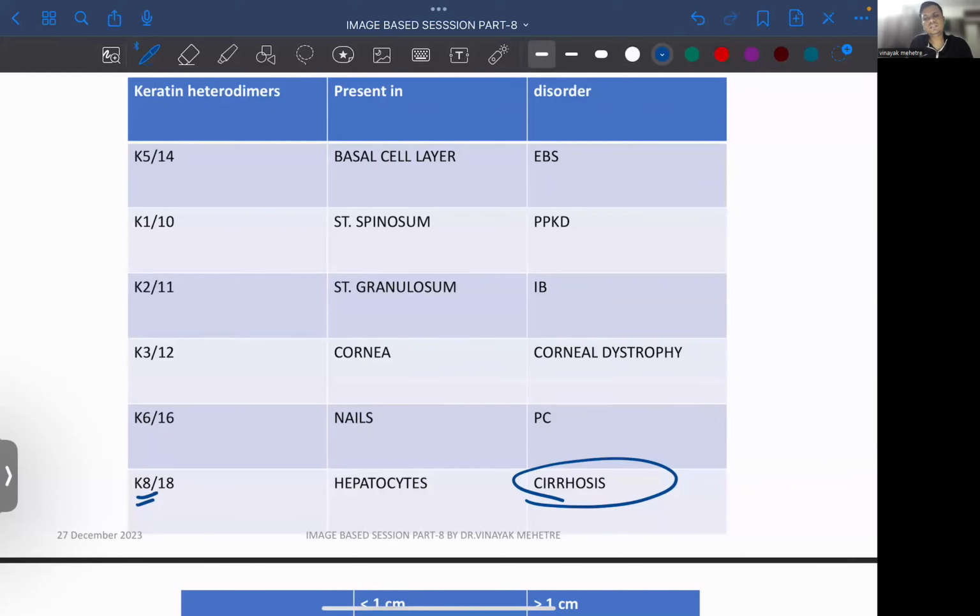Now tell me, a change in color less than 1 centimeter is called what? If it is more than 1 centimeter? मैक्यूल का अपोजिट क्या है? मैक्यूल का बड़ा इज पैच, राइट?